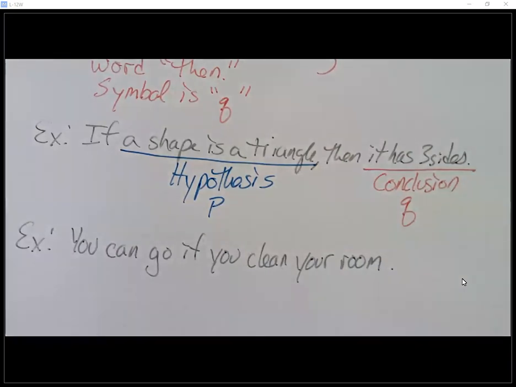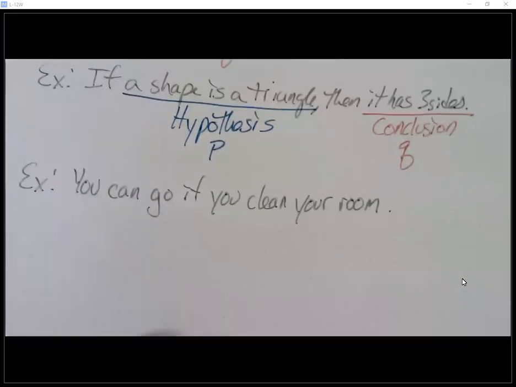So this still is a conditional statement. It's just not set up in an if-then form. I don't have if this, then that. I do have an if in here though. I don't have a then, but that's okay. Anyone care to venture a guess at what the hypothesis would be this time? Riley, go for it.